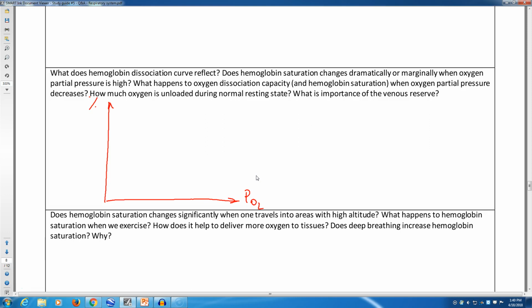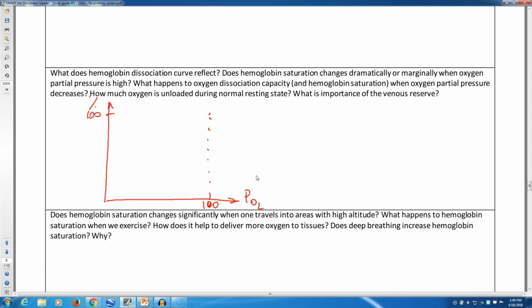So what happens when, okay, partial pressure of oxygen, where is it high? Body-wise. Where is oxygen partial pressure, oxygen concentration, high? In the lungs. So 100 is lungs, right?